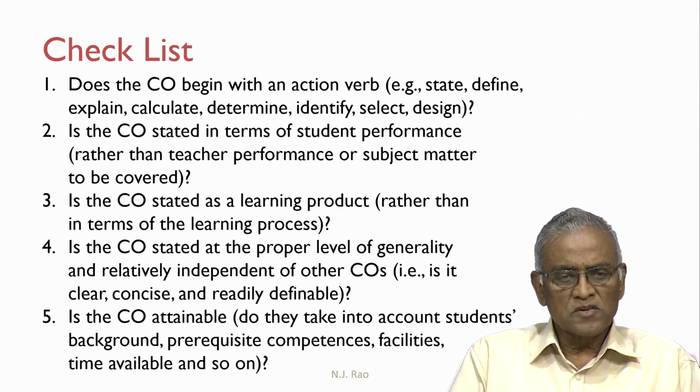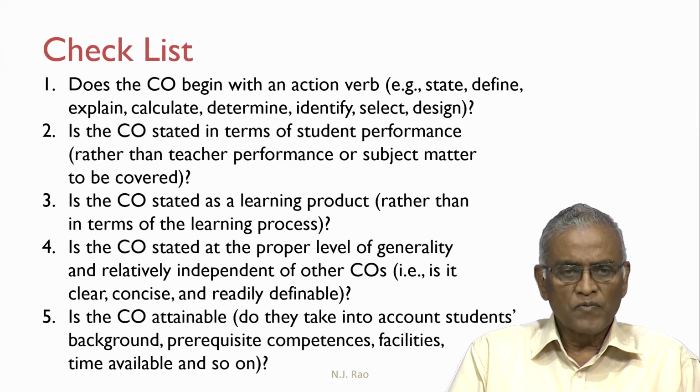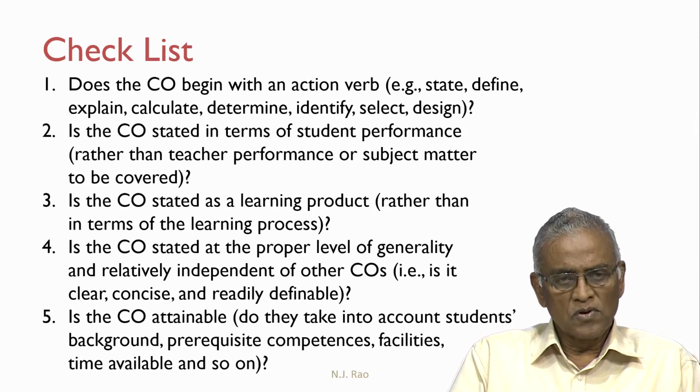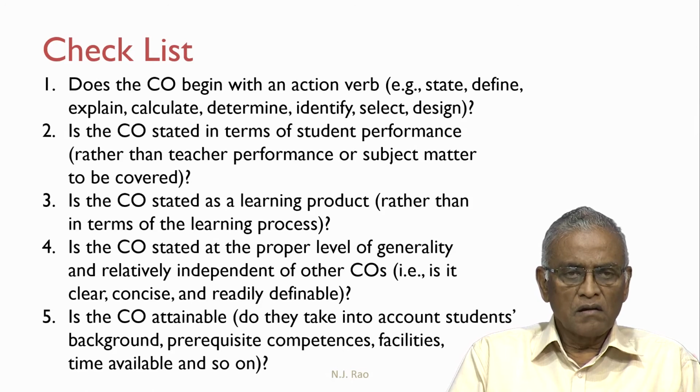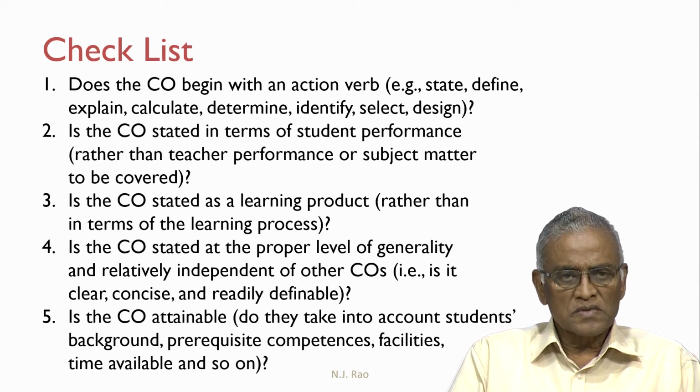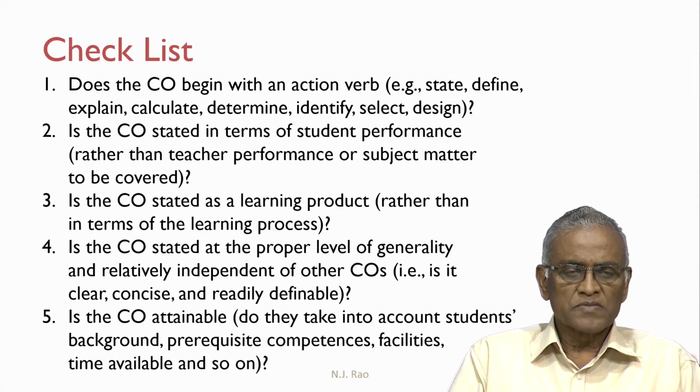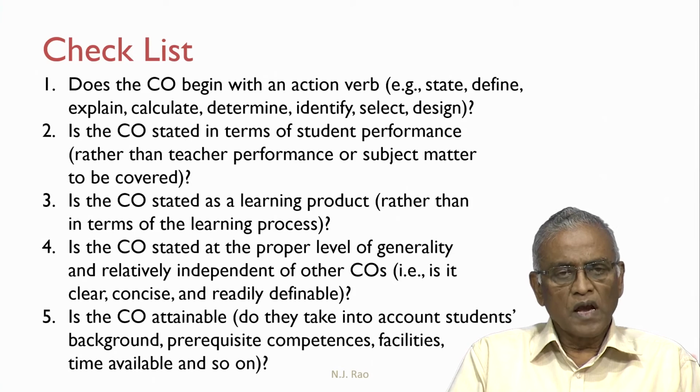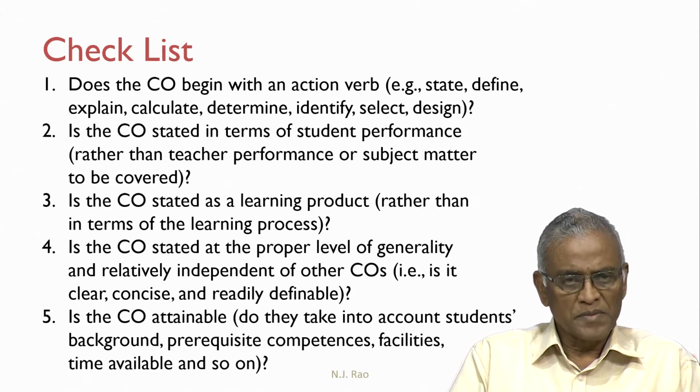All these factors need to be taken into consideration when you write the CO statement. So, this is a checklist. Again, we re-emphasize that whenever you write a CO statement, please check that statement with respect to these 5 items in the checklist. That way you will be avoiding some of the inadvertent errors that one may commit.